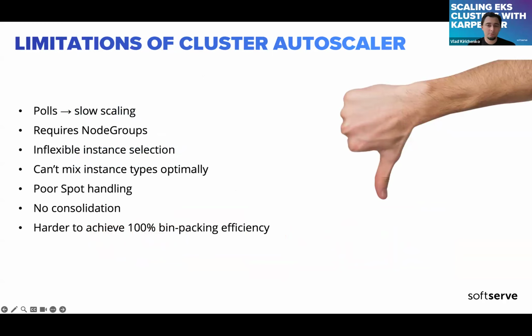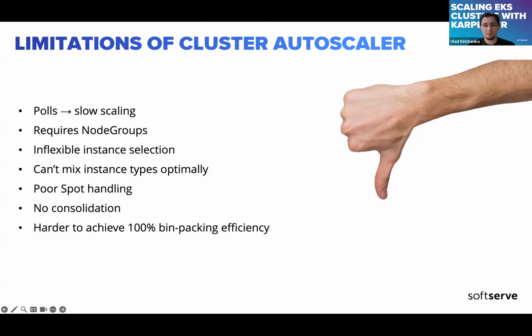Also, we should utilize spot diversity and fallback logic. For example, if M5 is exhausted in the availability zone or region, then let's try to move to a C5 instance.